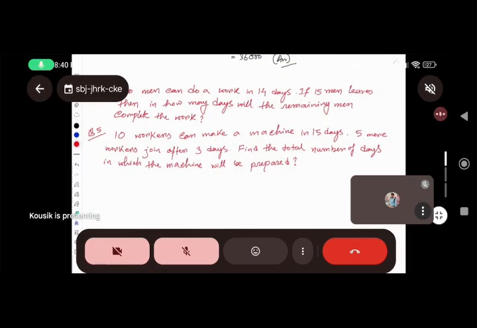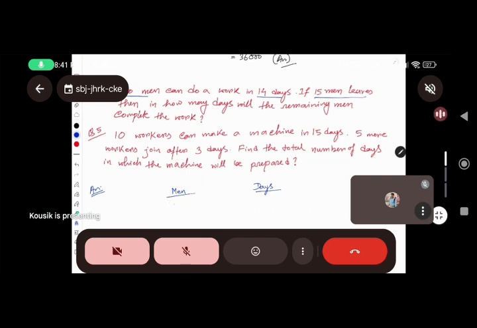Okay, the next one will be 16 days, that is right. So what will be the answer of the first question? Number of workers, number of men leaves. So men is given 2 times, so there is men and there are days.